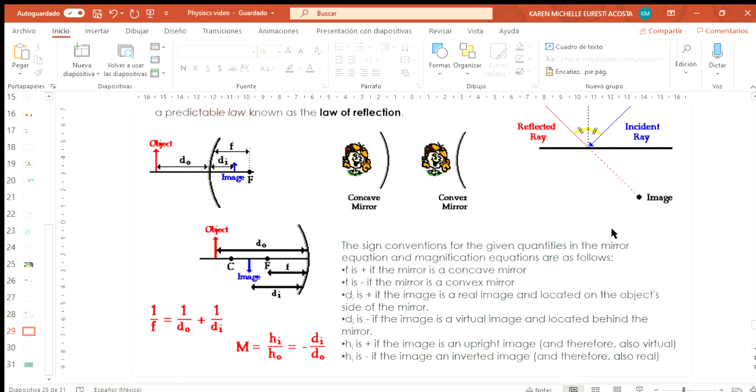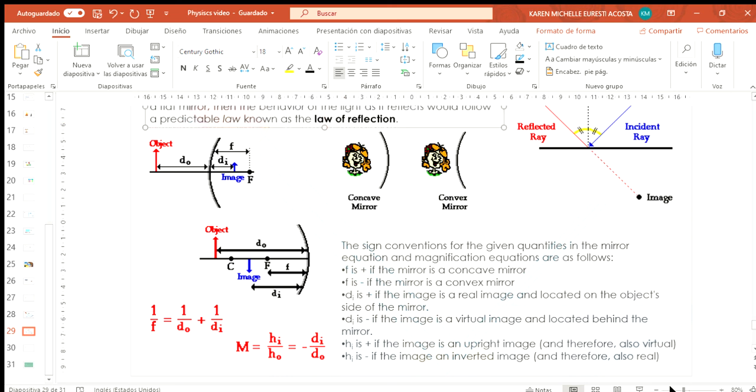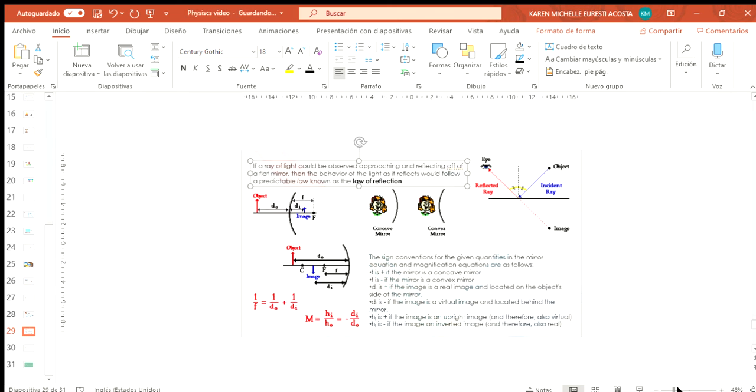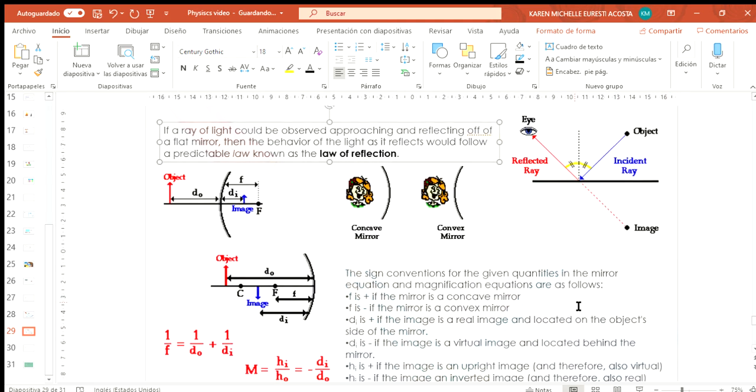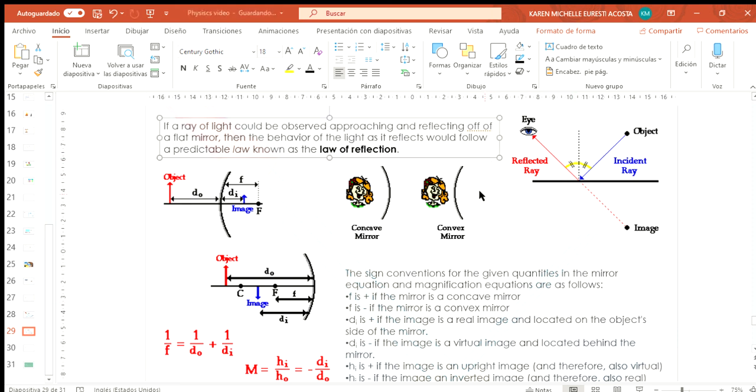Mirrors. This is the last subject. If a ray of light could be observed approaching a flat mirror, then the behavior of the light as it reflects would follow a predictable law known as the law of reflection, same as lenses.